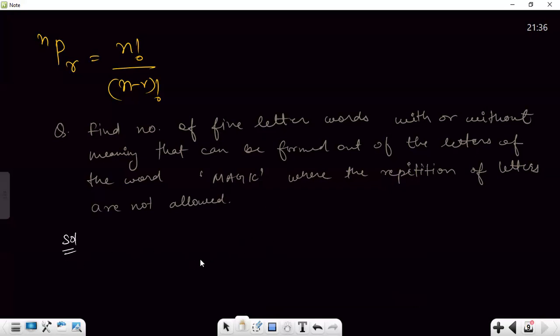So if there is a 5 letter word, let's write 5 places that are needed to be filled to make this particular word. And what are the total number of elements that we have? Magic. So how many elements are there? 1, 2, 3, 4, 5. There are 5 elements. No element is the same.